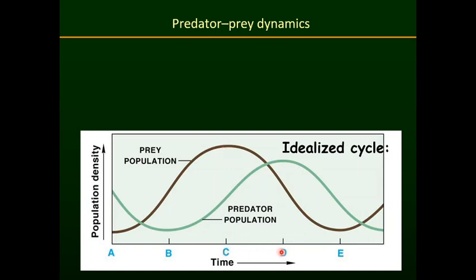I don't know whether this is supposed to be weeks or years or decades, whatever. It doesn't matter. So all this is to show that predator and prey populations track one another, but they're not in sync because there's a time delay. It takes time for predators to convert the energy of the prey they eat into new offspring that mature to adulthood. There's that lag phase there that explains the lag between these curves.